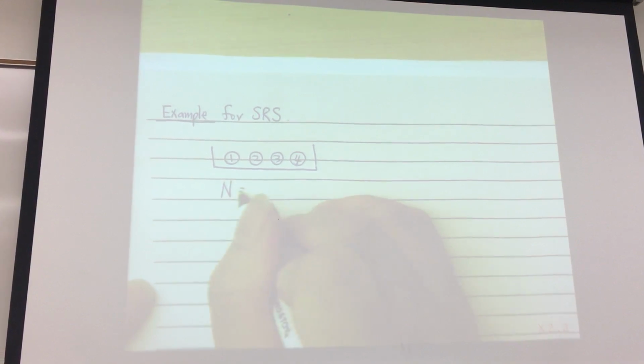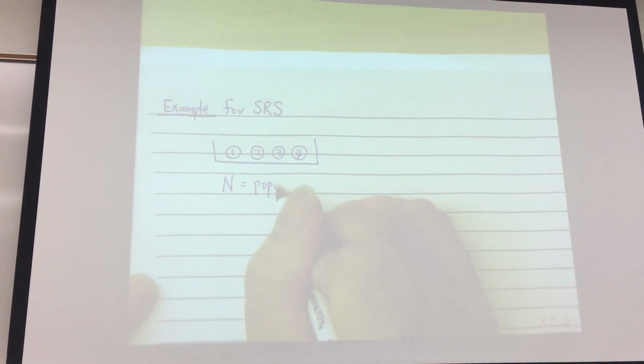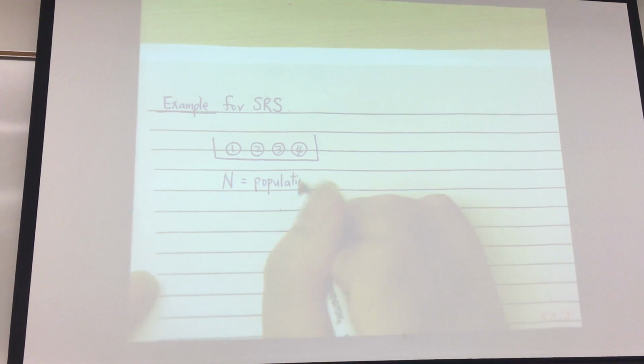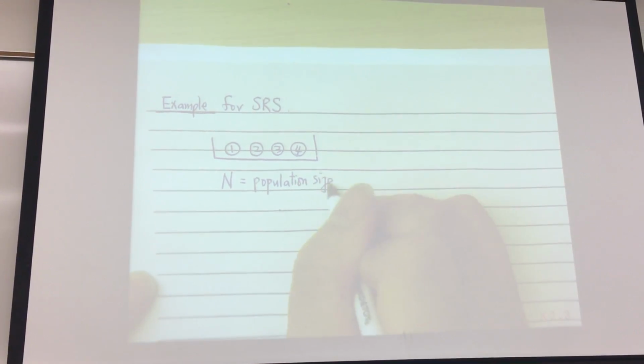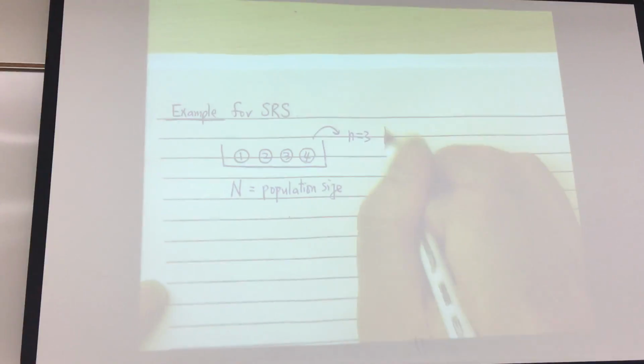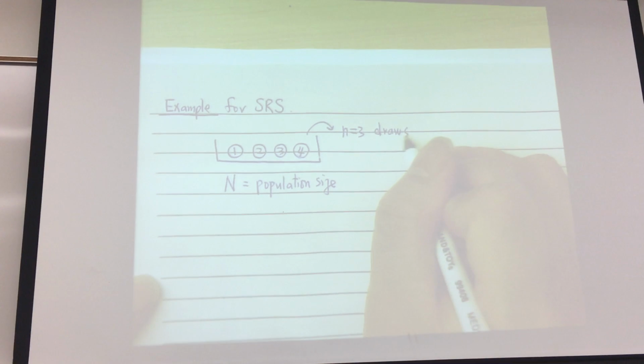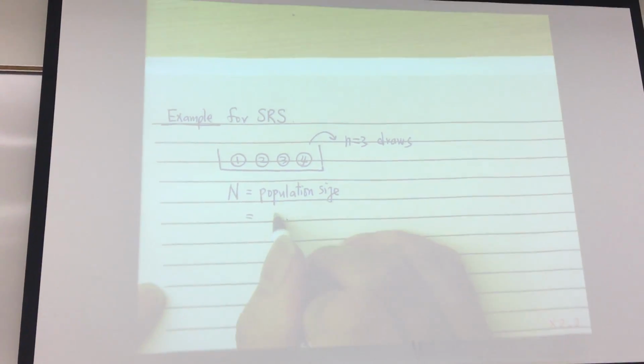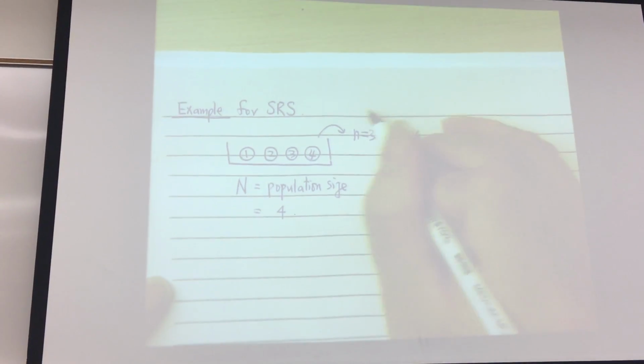And capital N is the population size. And we make 3 draws from the box. So what's the population size? Population size is 4. What's the sample size? Sample size is 3.